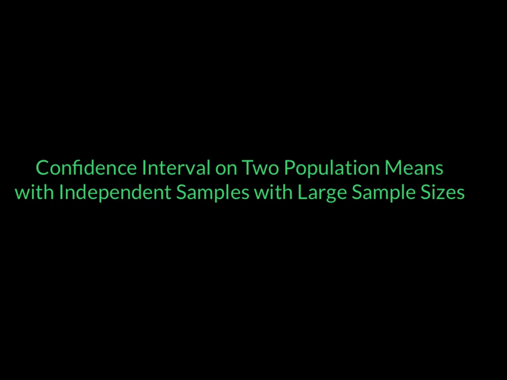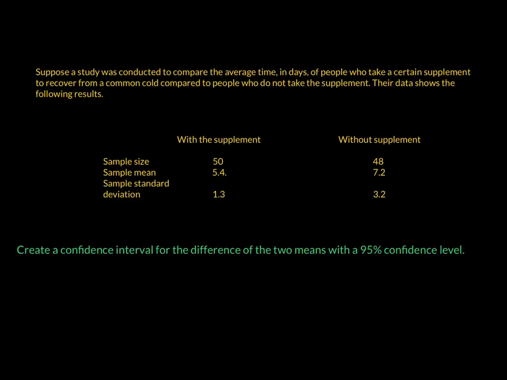So let us look at one example on how to create this confidence interval. Example: suppose a study was conducted to compare the average time in days of people who take a certain supplement to recover from a common cold compared to people who do not take the supplement. Their data shows the following results.